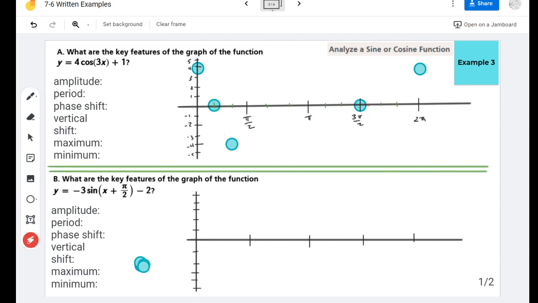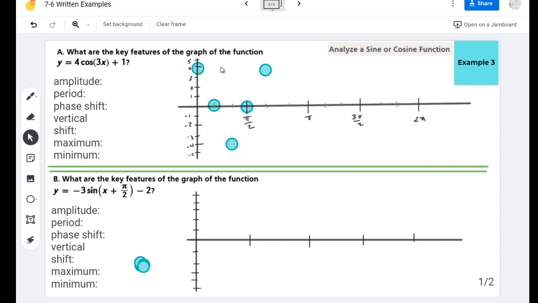This one is 3, 6, 9 tick marks away. 9 divided by 3 is 3. And this one is 3, 6, 9, 12 tick marks away. 12 divided by 3 is 4. So it is now 4 tick marks away. So those are my anchor points on this.